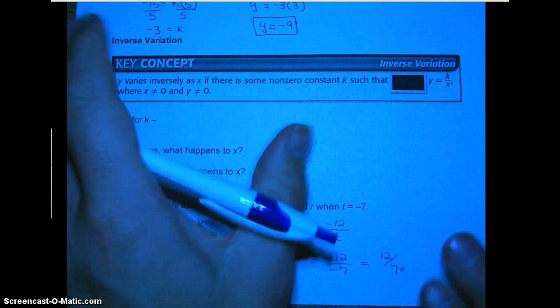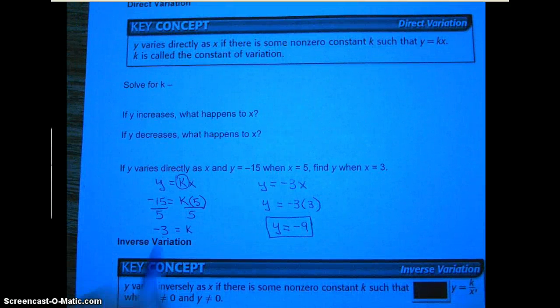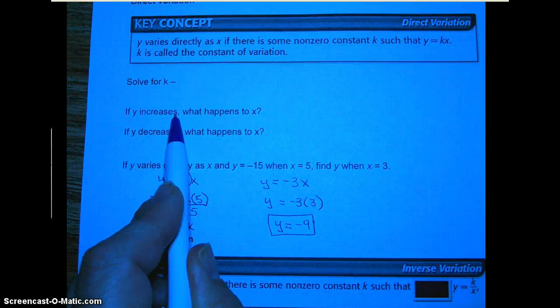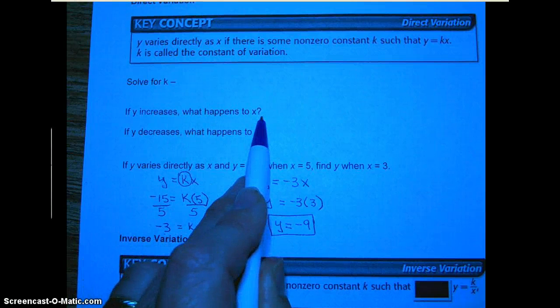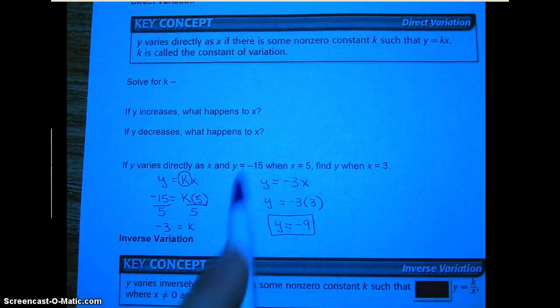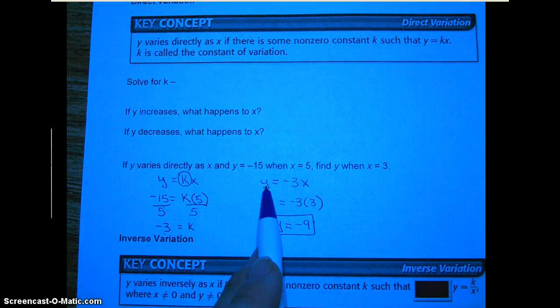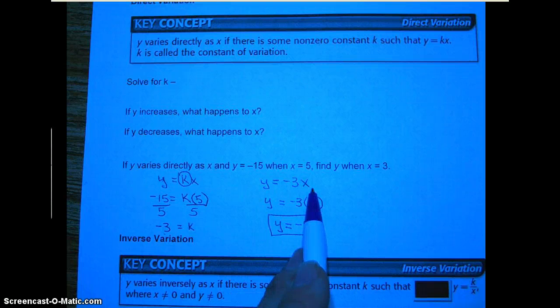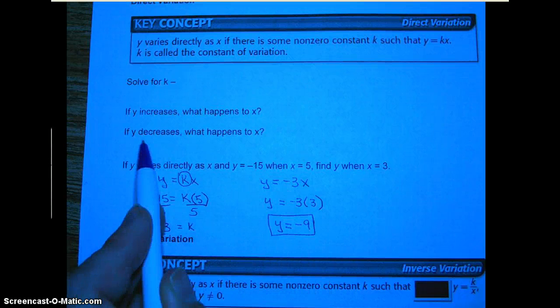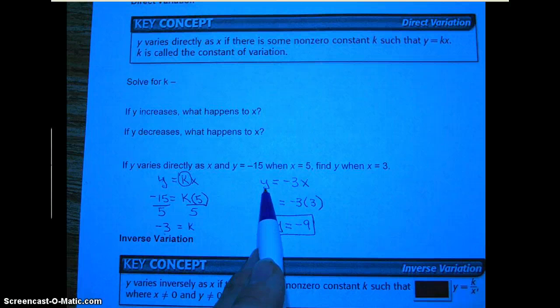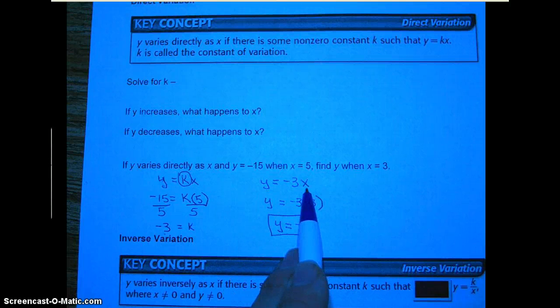Now let's back up for a moment. It says if y increases, what happens to x? I want you to think about that in this problem. As y increases, what happens to x? Again, if y decreases, what happens to x? What happens to this number?